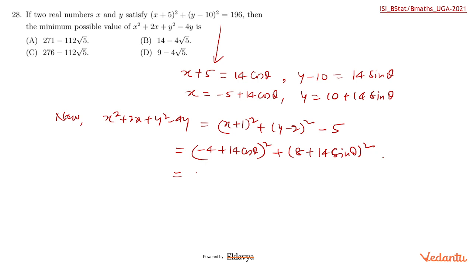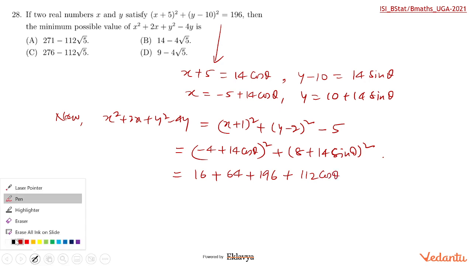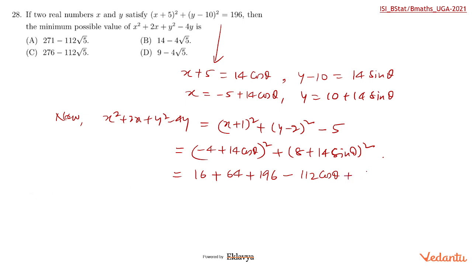So squaring, we get -4 square is 16, then 8 square is 64, constant, then 14 square is 196 (cos square plus sin square is 1), then 14 into 4 is 56, into 2 is 112 cos theta. I think it will come with minus sign here, and then plus 14 into 8 into 2, it is 224 sin theta, double of 112.